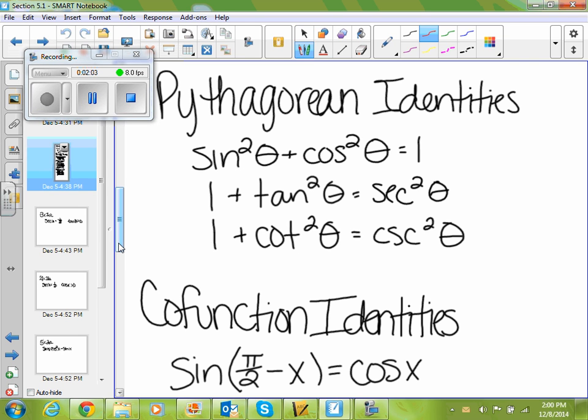The one you use most frequently is sine squared plus cosine squared equals 1. And you can also sometimes see it written as sine squared equals 1 minus cosine squared, or cosine squared equals 1 minus sine squared. It's just a different form of the same identity.